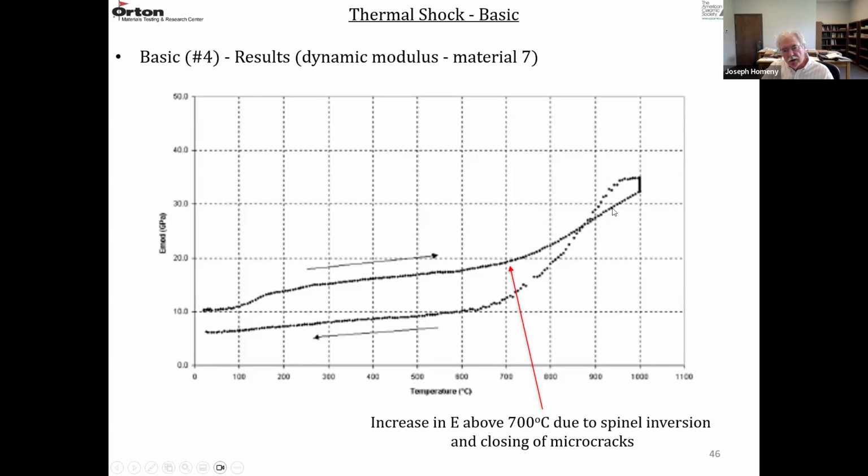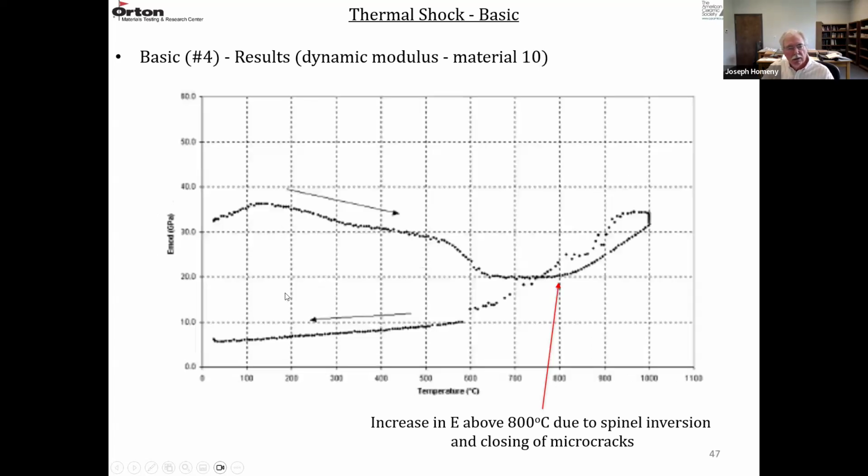Again, probably microcracks closing, and then maybe there's not much silicate phase present. Then you have your microcracks opening upon cooling. And another material, 10. This is more typical of modulus decreasing with temperature, maybe the microcracks closing and an increase, followed by a decrease with the microcracks opening.